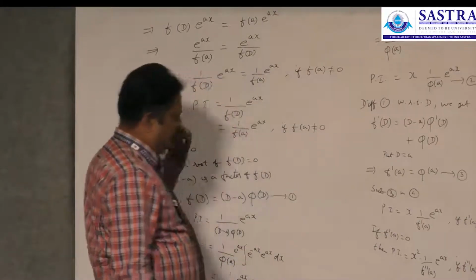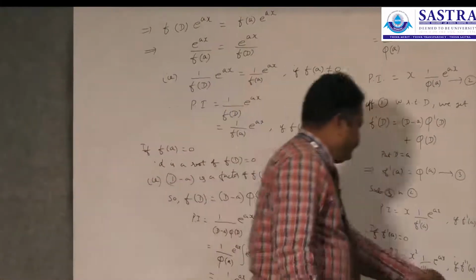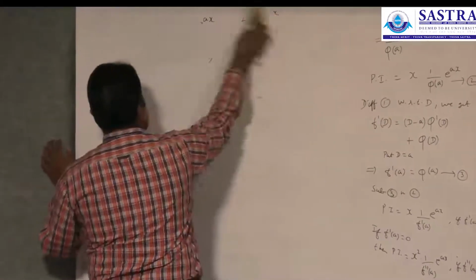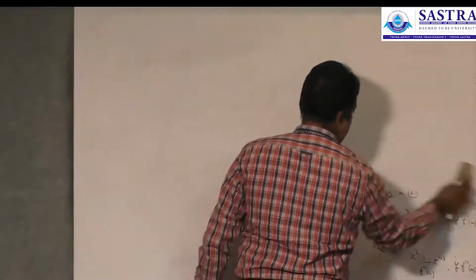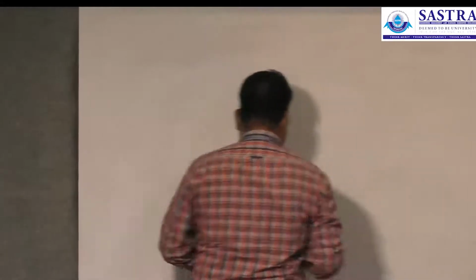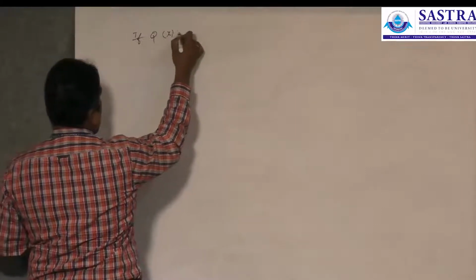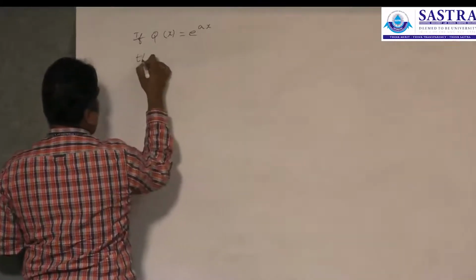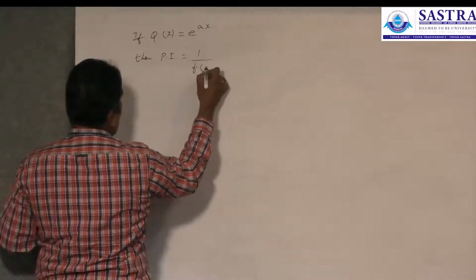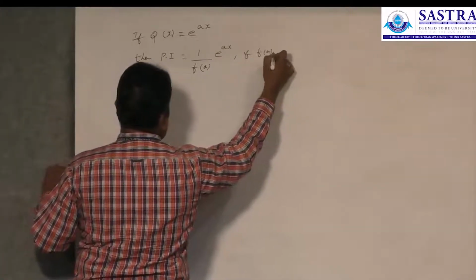So actually what I want to tell is, if q of x is equal to e to the power ax, then the particular integral is equal to 1 by f of a e power ax if f of a is not equal to 0.